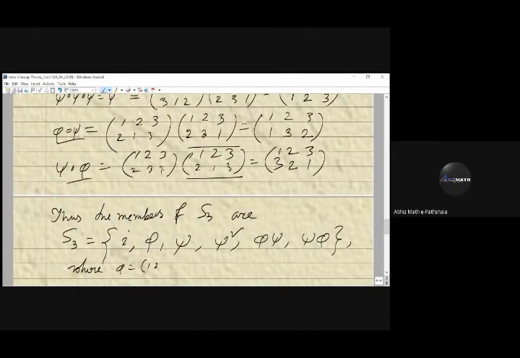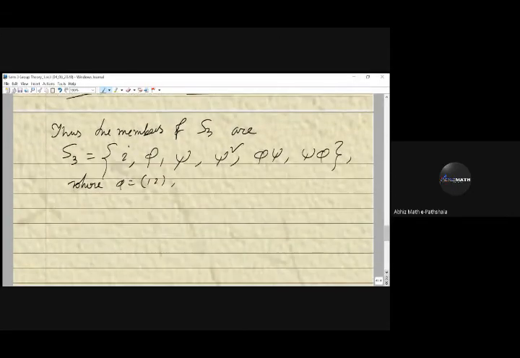So that means, where phi is 1 to 2, psi is 1 to 3, and where phi square is identity, psi cube is identity, and phi psi is not equal to psi phi.